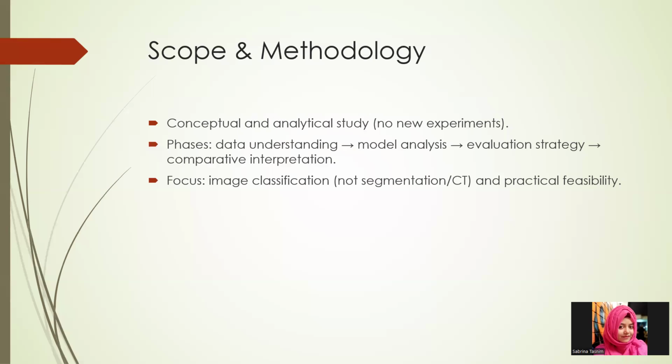Data understanding means examining the dataset characteristics. Model analysis means reviewing the CNN and transformer mechanisms. The third one, evaluation strategy, means analyzing the performance metrics. And the last one, comparative interpretation, means synthesizing strengths, limitations, and feasibility.